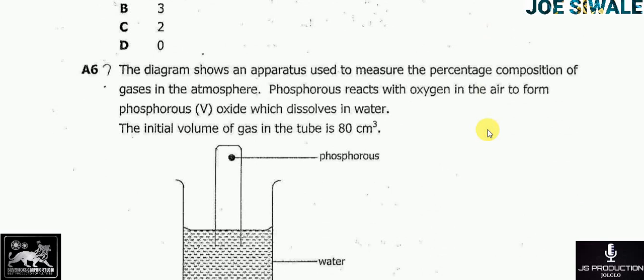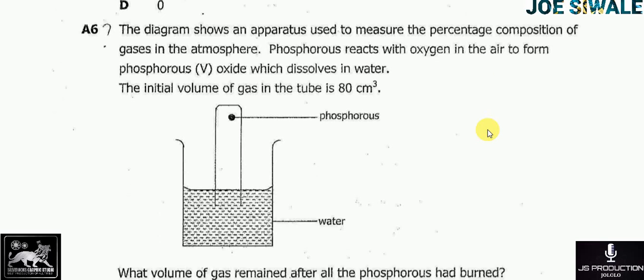The initial volume of gas in the tube is 80 cubic centimeters. As you can see, that's the diagram. The dot there is phosphorus and I have water. The question proceeds: what volume of gas remained after all the phosphorus had burned?